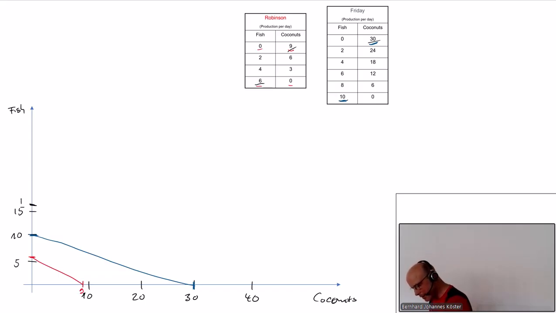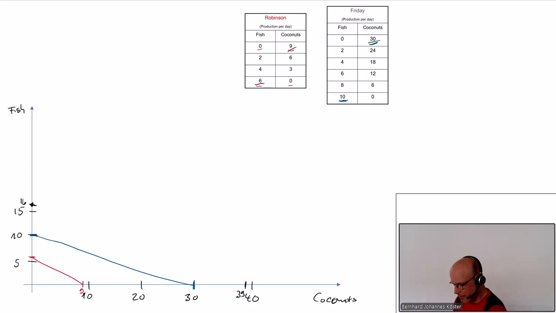So we are just here, 16. And how many coconuts could we pick? 39. Great. And now the question is, how do the production possibilities in between look?